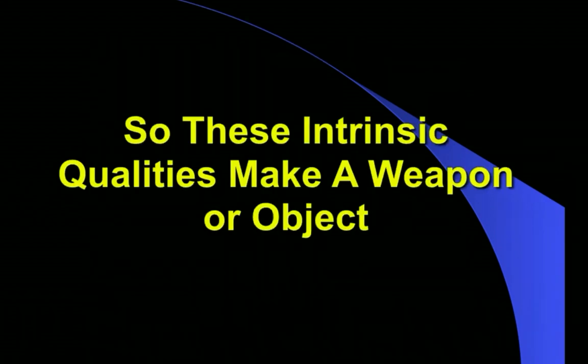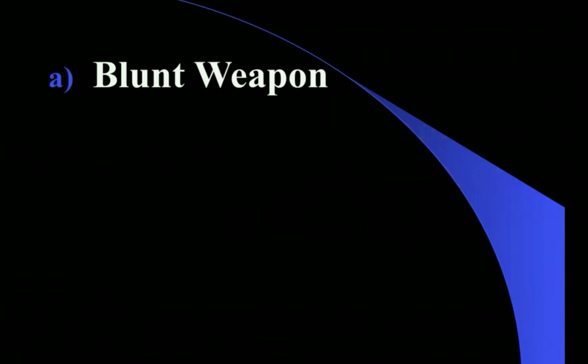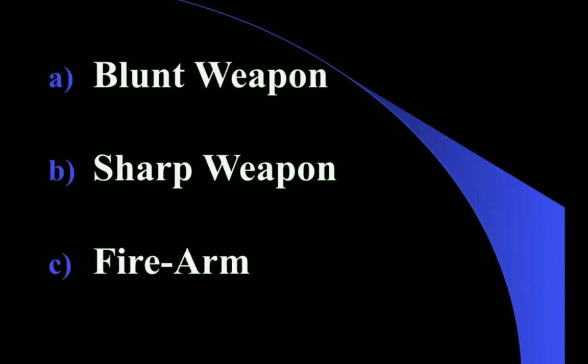So these intrinsic qualities make a weapon or object a blunt weapon, a sharp edge weapon, or a firearm.